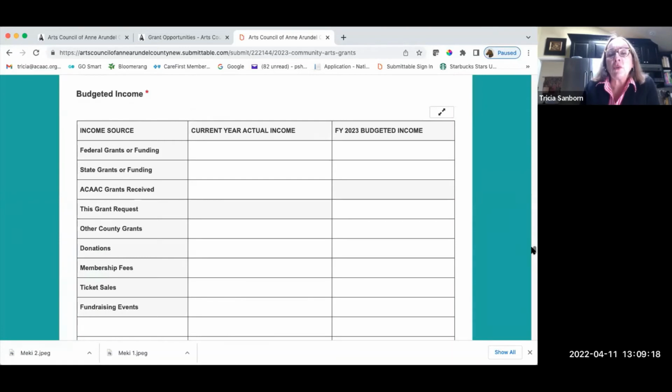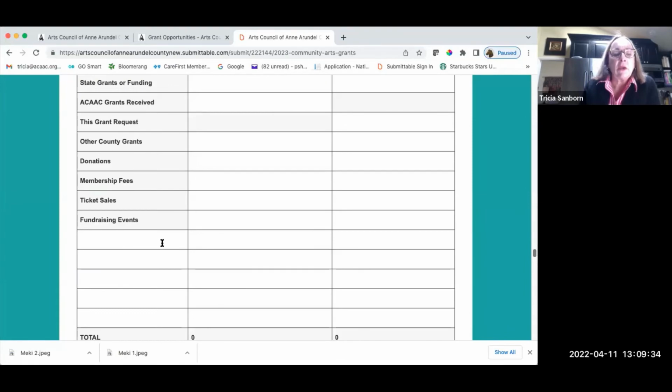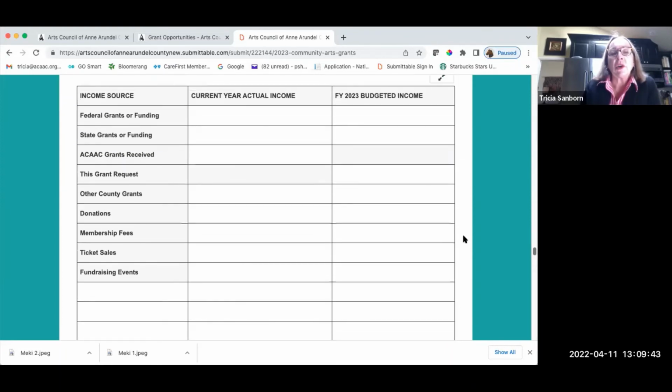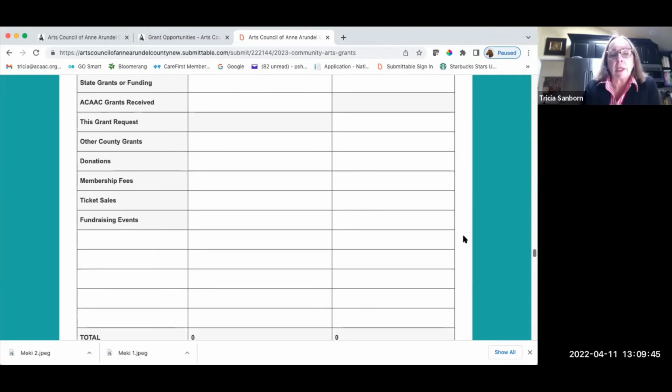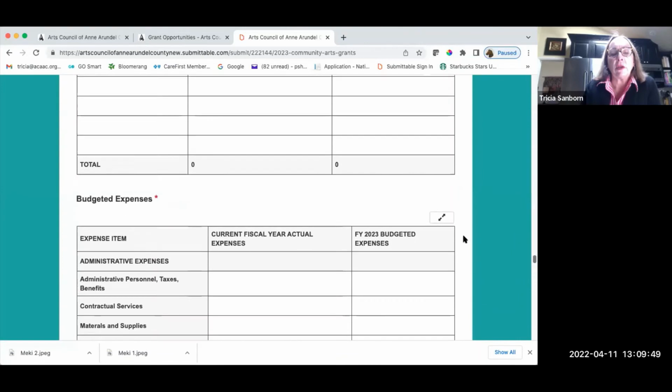Please also don't put text in these sections, because it will not add if you put something like around 20,000 in there. Just put whole numbers in here and it will add up, and they'll work the way they were supposed to. Now down here you have some blank lines where you can fill in additional buckets, which is what these are. They're really just big buckets of money, where you put your income and your expenses.